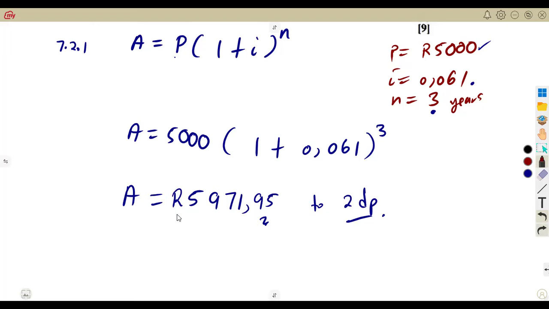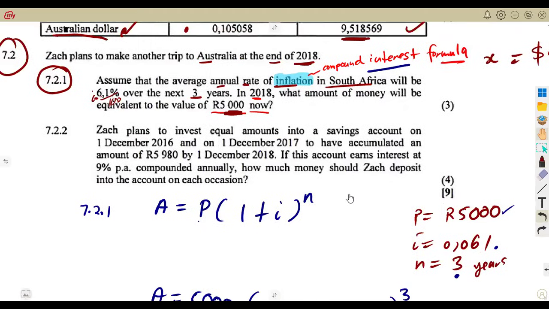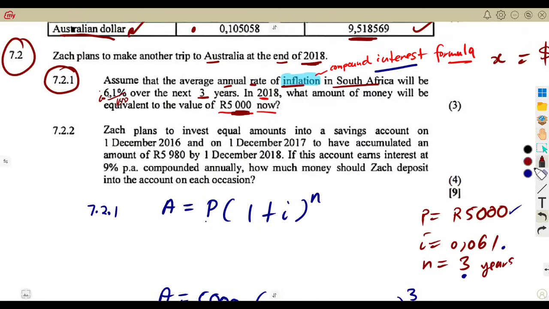That is the condition of inflation. It's the same thing. It's a computer that you're supposed to buy, same thing that you're having, but the price of that is accumulating, increasing each and every time for the same product. So inflation uses the compound interest formula.